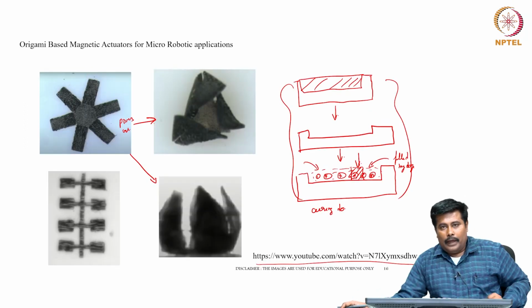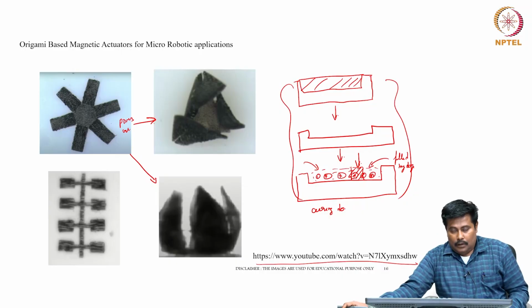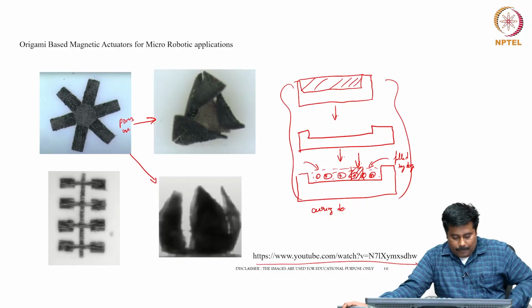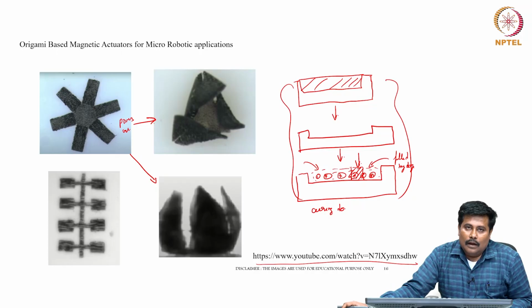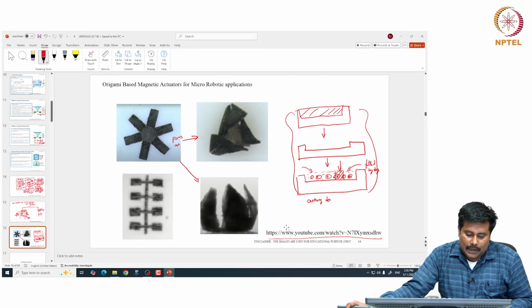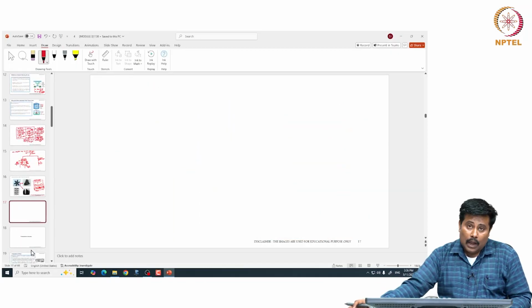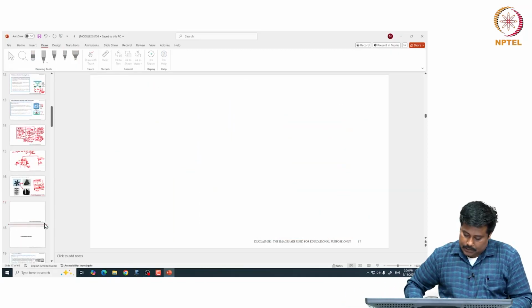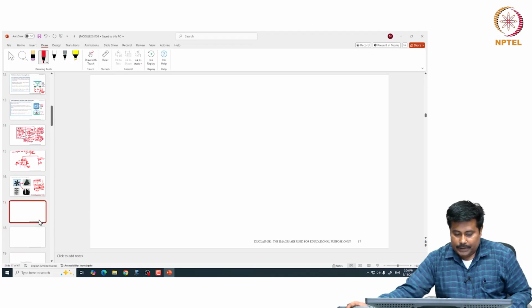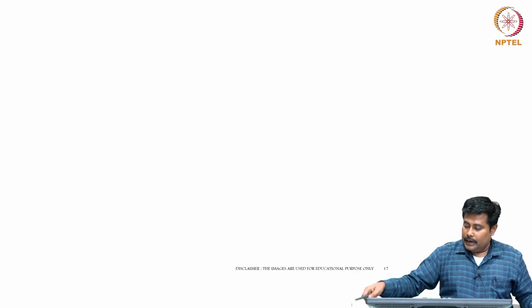Now, let us see some of the applications of these magnetic actuators for micro robotic applications. Apart from micro robotic applications, since it has a high potential towards non-contact based actuation, it has a potential application in biomedical related areas.